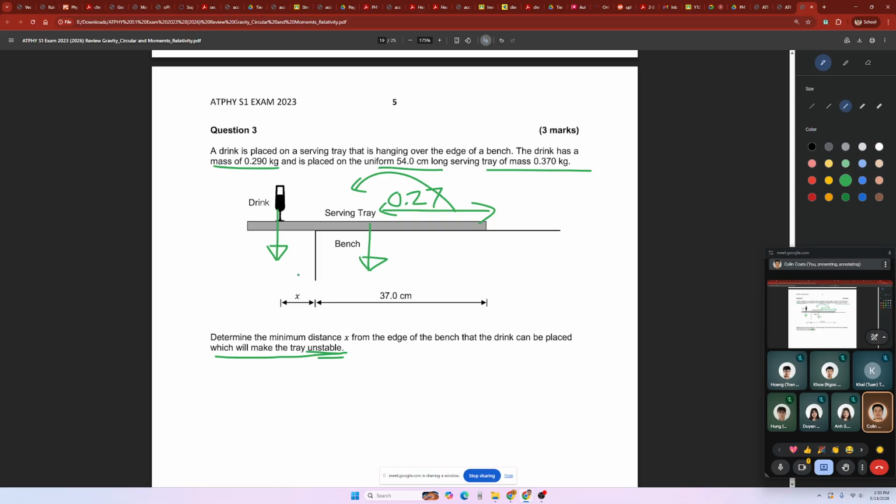The pivot's going to be here. Okay, good. So now we know this distance. Maybe. We don't know quite yet. Do we? The minimum distance is placed.